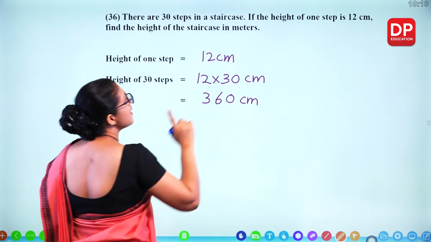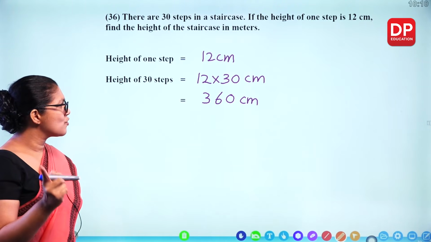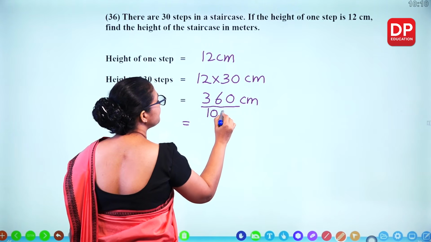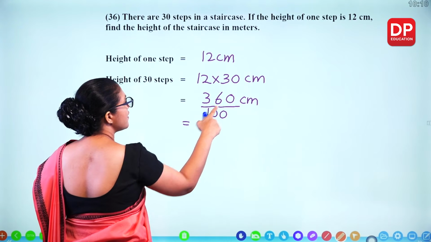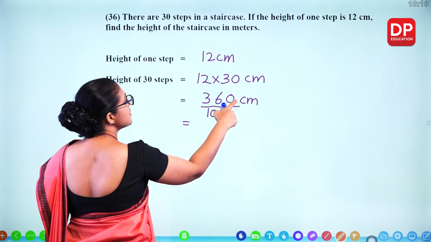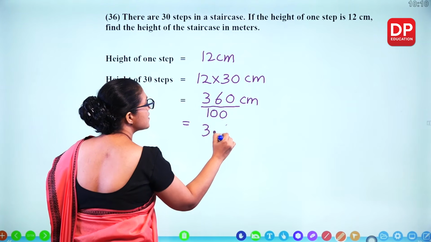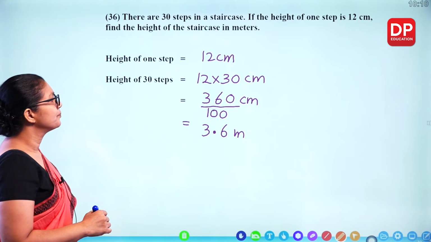Now they are asking the value in meters. So what you do? Centimeters to meters, we divide by 100. So what you get when you divide by 100? Take the decimal place 2 places to the left. 3.6 meters are there.